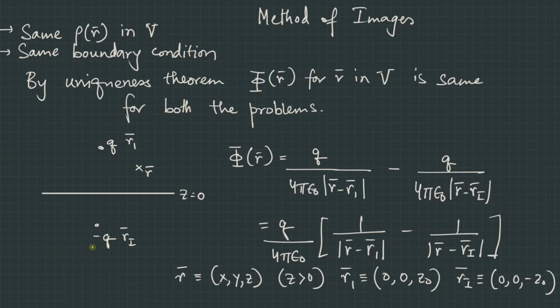Now, let's try to generalize this problem. What will be the generalization of the problem? Let's say we have our surface. This is any general surface and the volume is on one side of the surface. Alright.